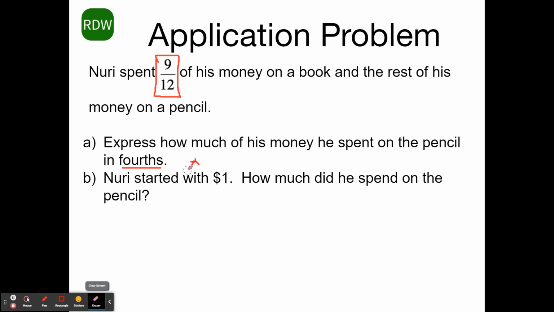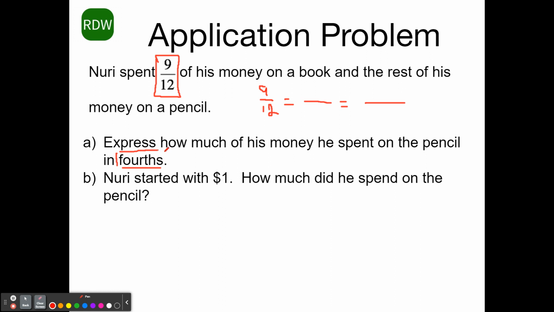What would 9/12 be equivalent to in fourths? So we can write that out just like we would our number sentence that we've done so many times. Just like this. And we know that they're asking for fourths.